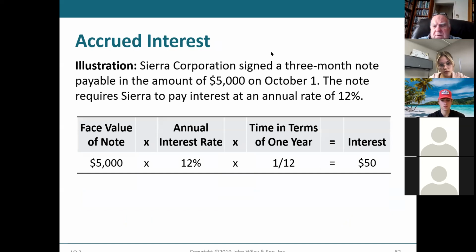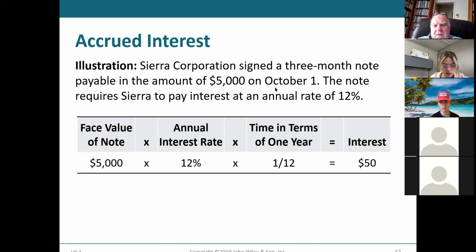Here's an example. We're going to accrue some expense. Sierra Corp signed a 3-month note payable in the amount of $5,000. We have to pay back $5,000 in 3 months. The note is 12%. Whenever you see a percentage, that means it's for a whole year.